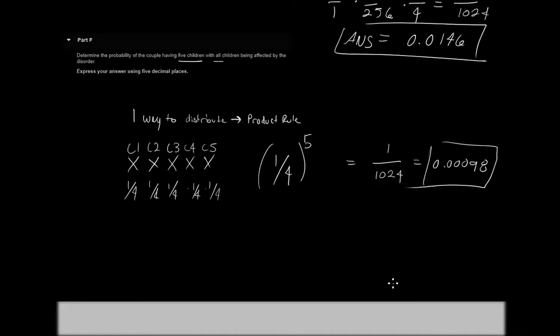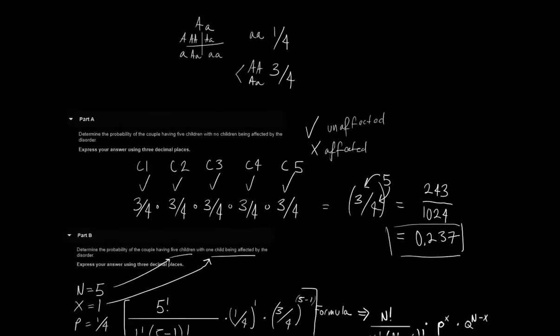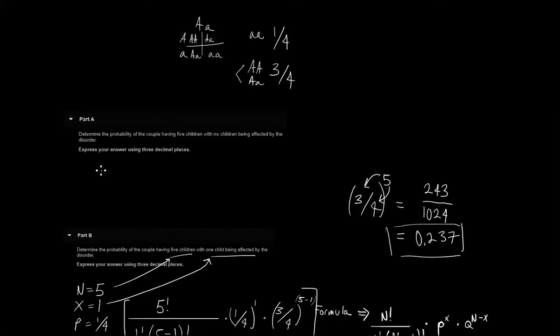Anyways, I do want to illustrate one thing here. Going back to part A. So what if this question instead asked, what is the chance that at least one child is affected?